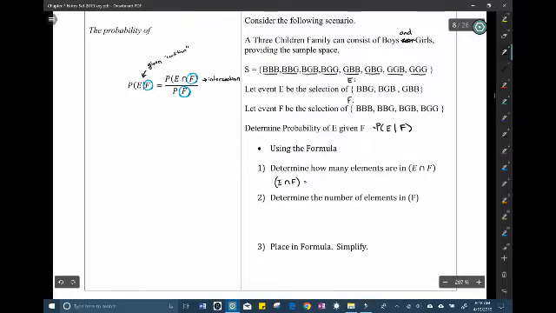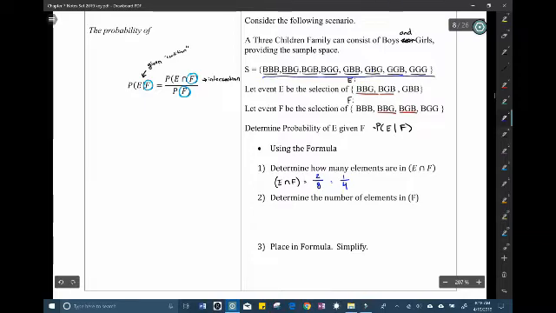So let's consider these two and see which ones are the same. Boy, boy, girl. Well, there's one. Boy, girl, boy. There's another one that's the same. Girl, boy, boy; boy, girl, girl. Those are the only two. So the probability of E and F out of all of the events is going to be 2 over 1, 2, 3, 4, 5, 6, 7, 8. 8, or 1/4.